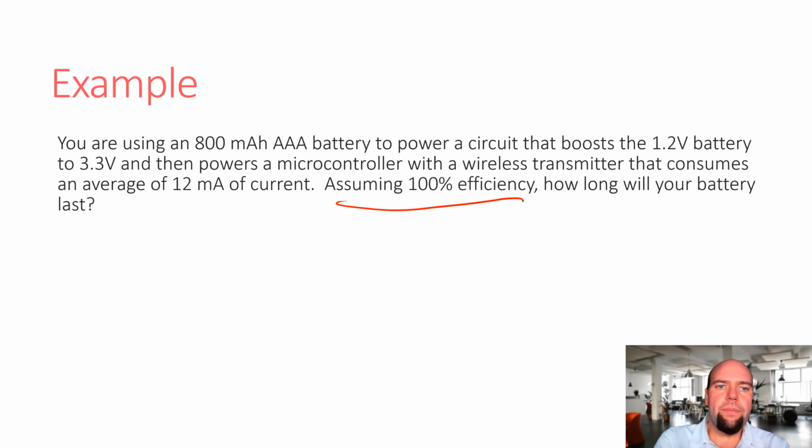So for a AAA battery, let's do this one first. We've already said it's 1.2 volts. So 1.2 volts times 0.8 amp hours, which is 0.8 times 3,600.